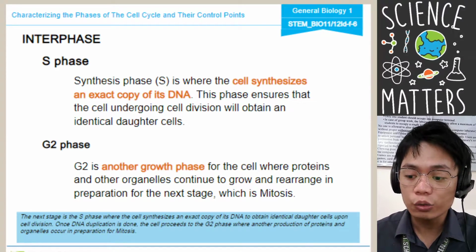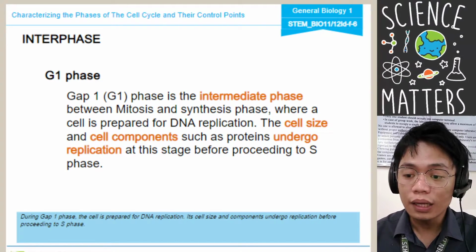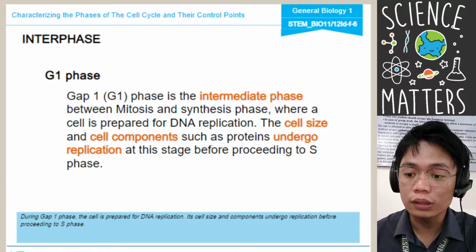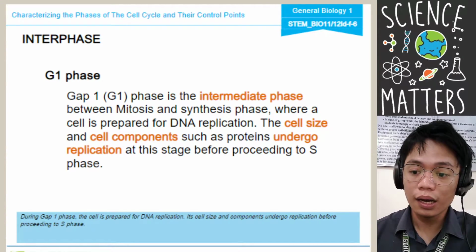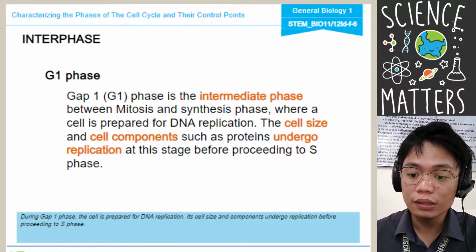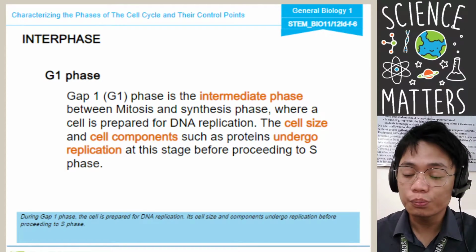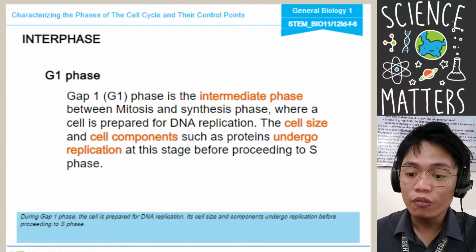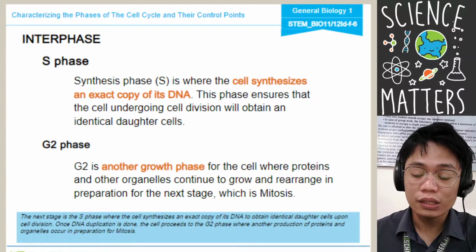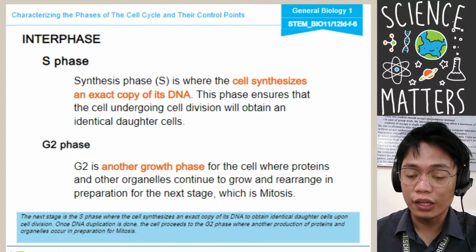So going back to our interphase, in GAP1, it is the intermediate phase where it prepares the cell for the DNA replication, and also prepares other proteins which are needed for the synthesis phase, which is happening in the second stage of interphase.